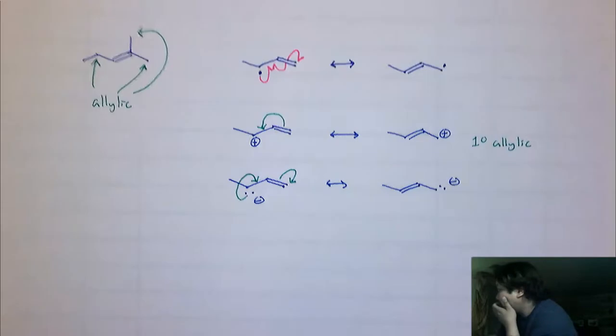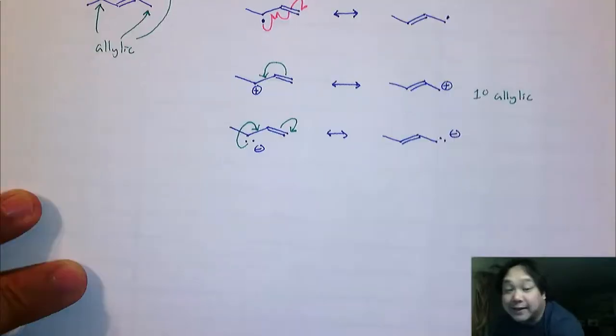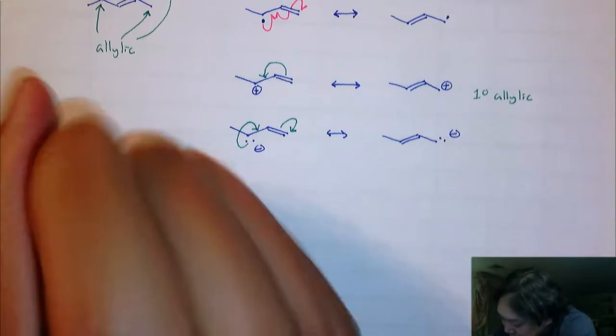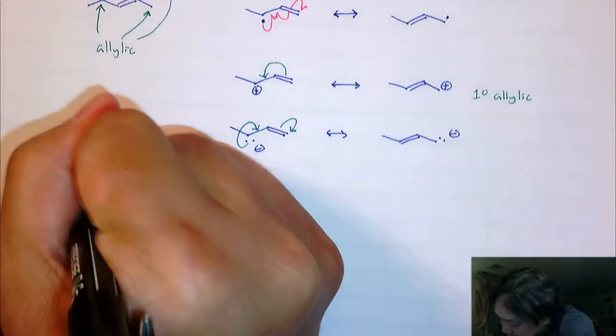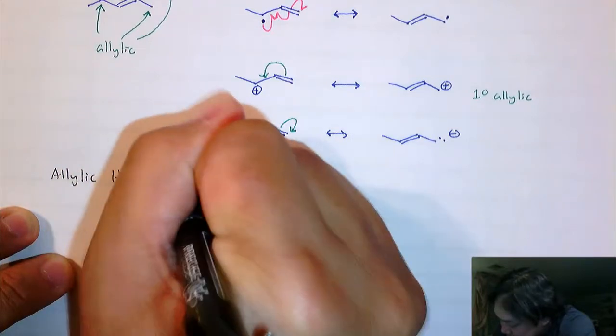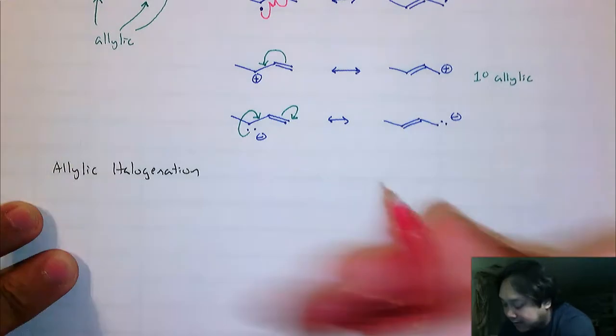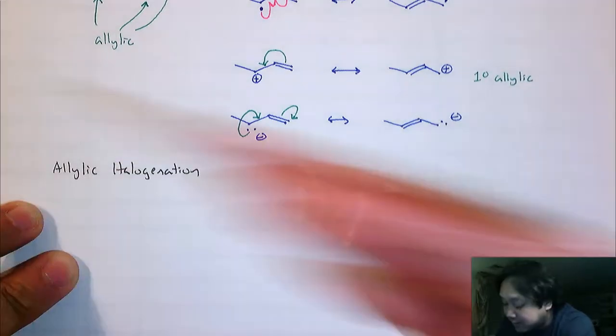Shall we go on to the reactions? I think we're good. Let's move on to the first allylic halogenation reaction. To do an allylic halogenation, you obviously need a double bond, or else you don't have an allylic position.